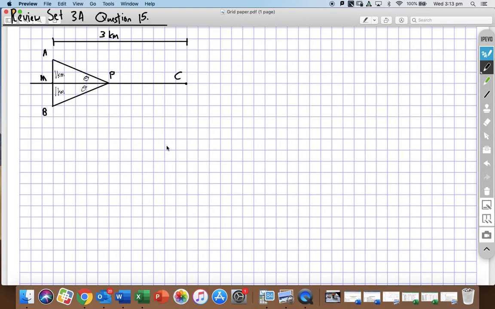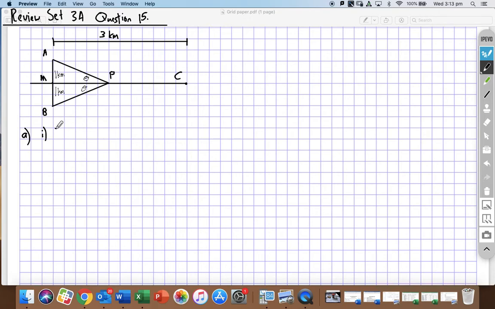So we call this part A1, right? So if our P is at M, well, we'd have to have a line 1 kilometre that way, 1 kilometre this way, and 3 kilometres this way.